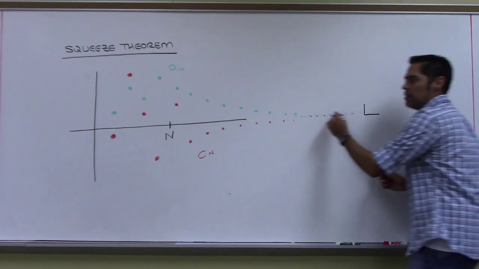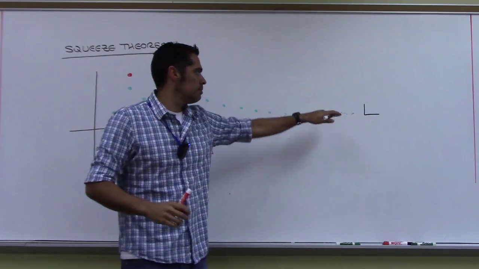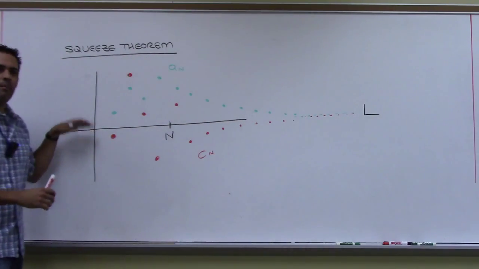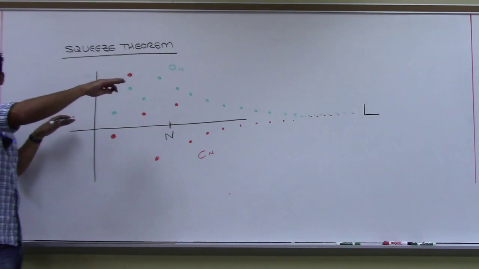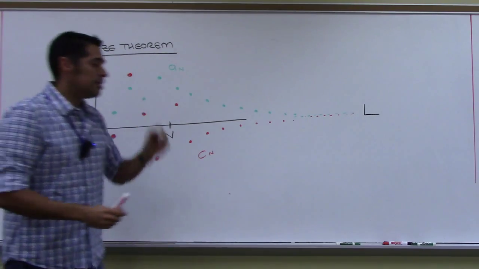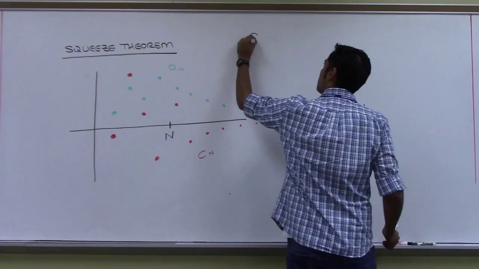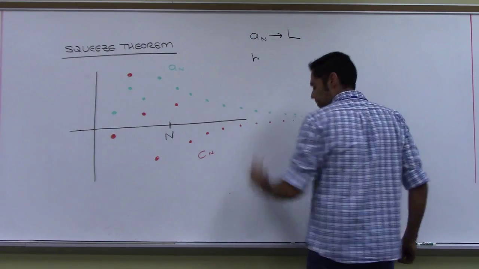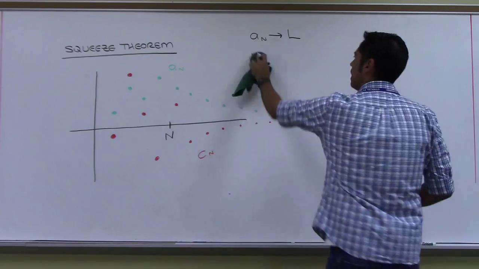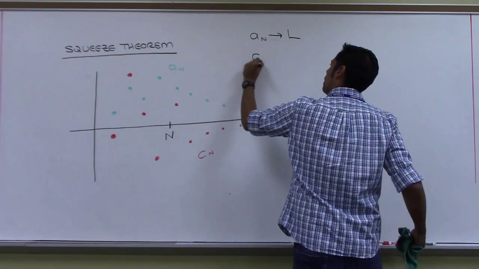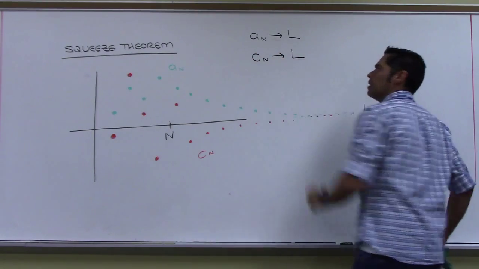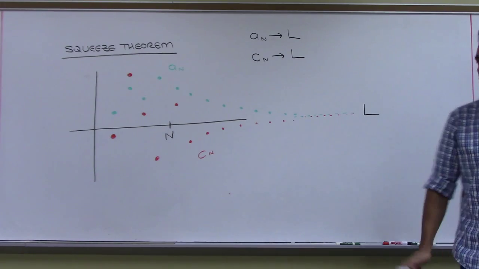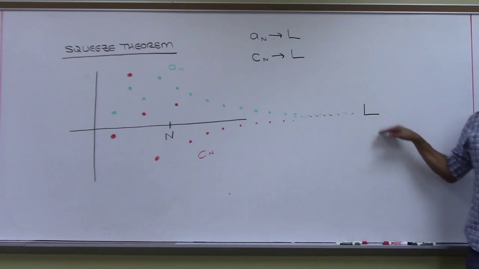So if you imagine, L looks like it would be 0 for us. But I could have moved the whole picture up and it would have just been some number. So could I write this down right now? A sub n arrow L, and C sub n arrow L. Can I do that? Do you agree from the picture that that's what's happening?